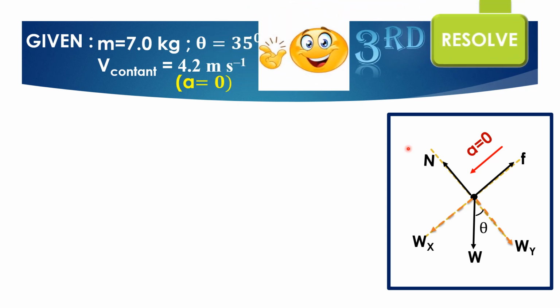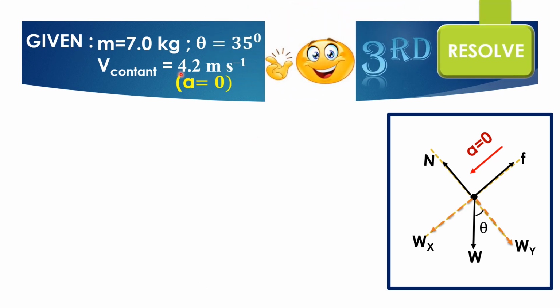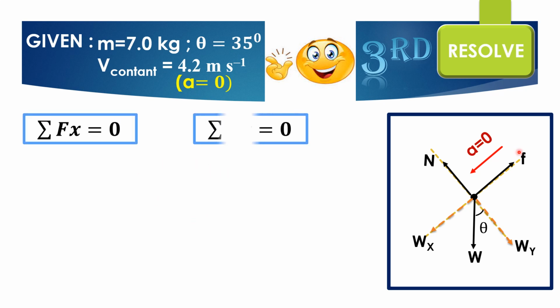Okay, make sure you write down the information given and state the condition for x and y components. Make sure you first check the indication of force here. So because this is Newton's first law, we make the axis as our reference to indicate the direction of force.